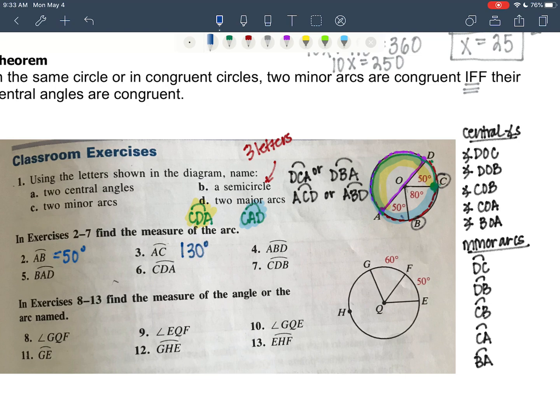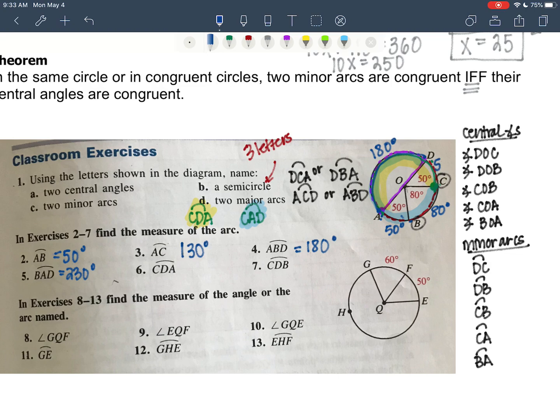80 plus 50. So here's 50, here's 80. ABD is 180 degrees. BAD, well, from this half is 180 degrees plus the BA, that's 50, so that would be 230 degrees. These are kind of fun.